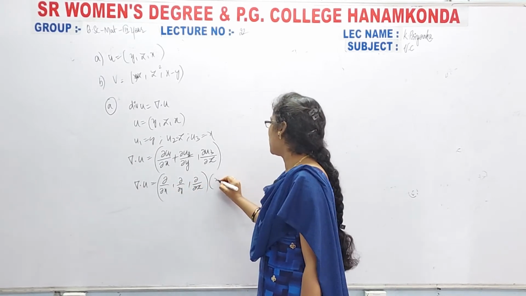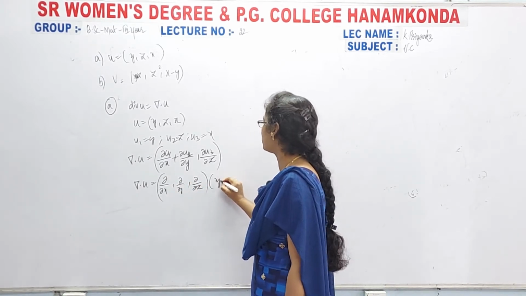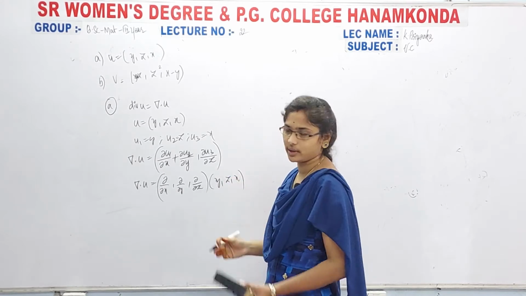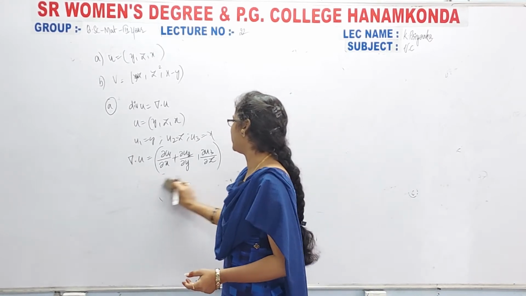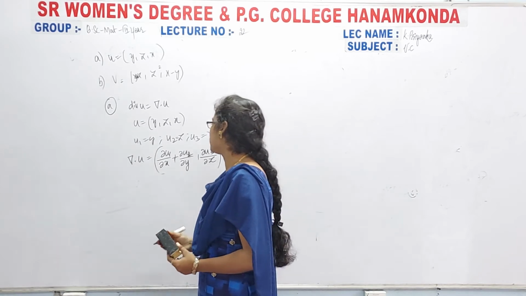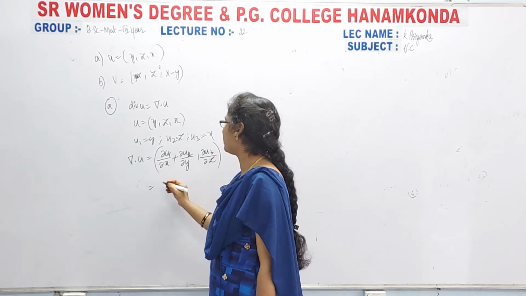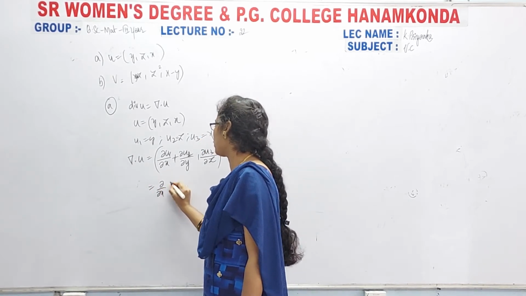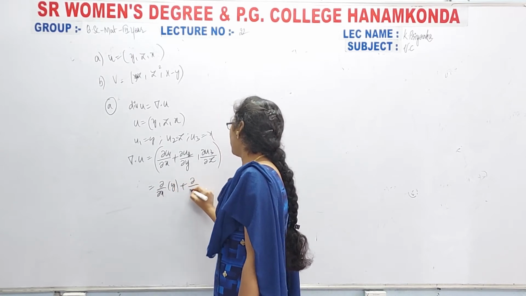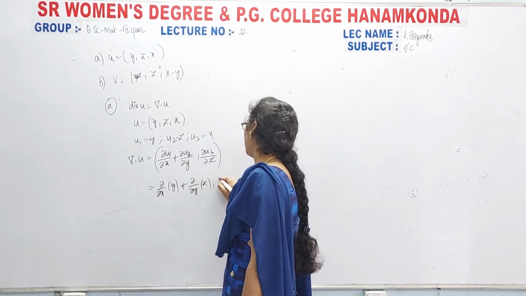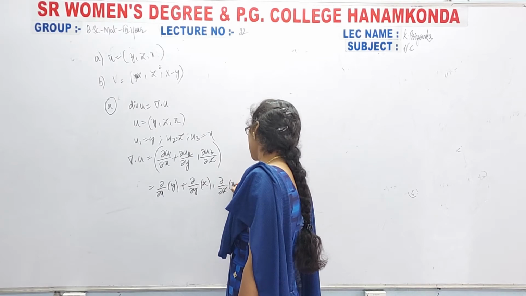Here I am calculating by taking this formula, which is equal to dou by dou x of u1, meaning dou by dou x of y, plus dou by dou y of z, plus dou by dou z of x.